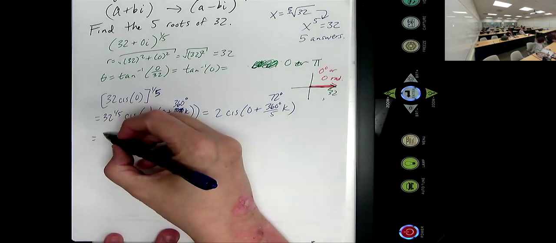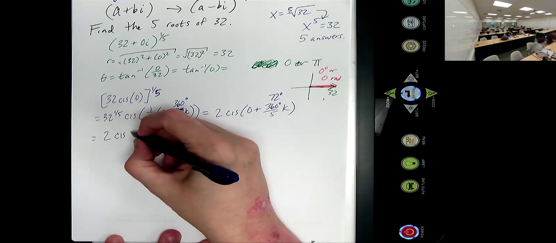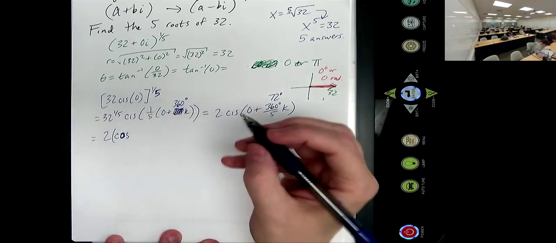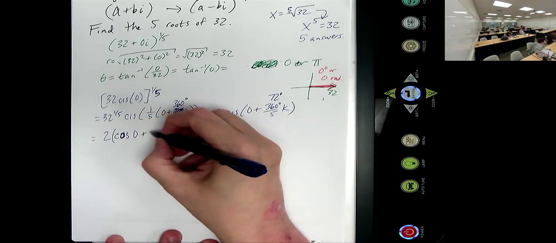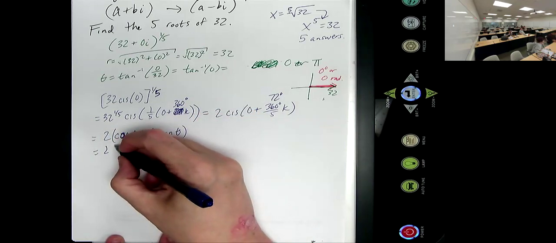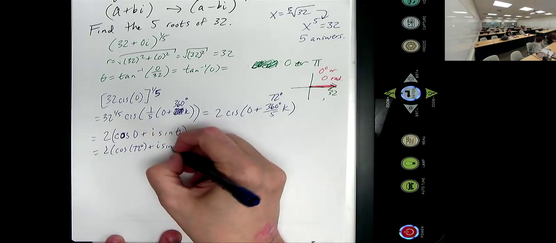So we got 5 solutions, we'll check the 6th one. We've got 2 cis 0. I'm just gonna write out the cosine so that I'm not writing it twice: cosine 0 plus i sine 0. Then we have 2 cosine of 72 degrees plus i sine of 72 degrees.